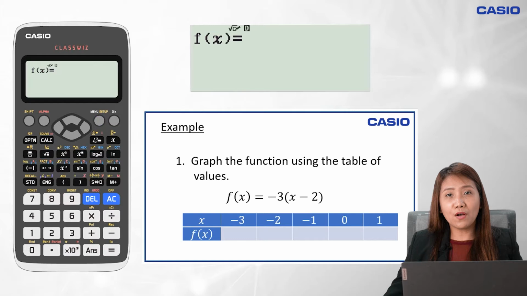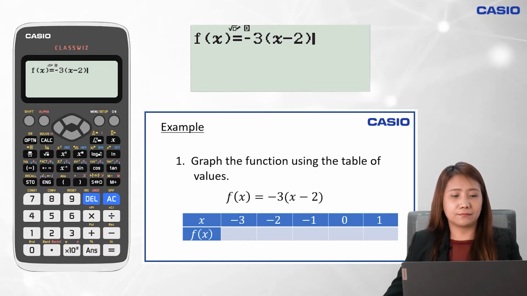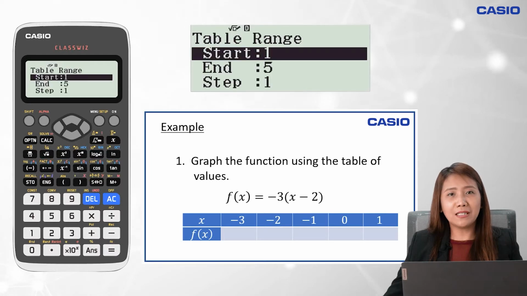Then, we input the function, that is, let's input -3, open parenthesis, x, minus sign, 2, and close parenthesis. Then, we press equal sign twice, and you will be directed to the table range.